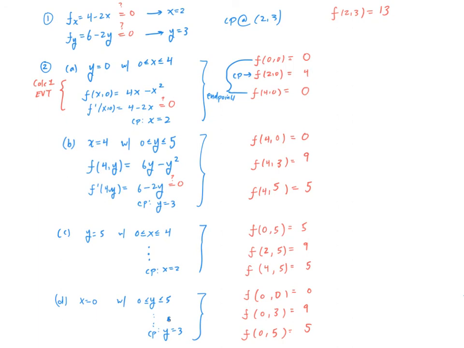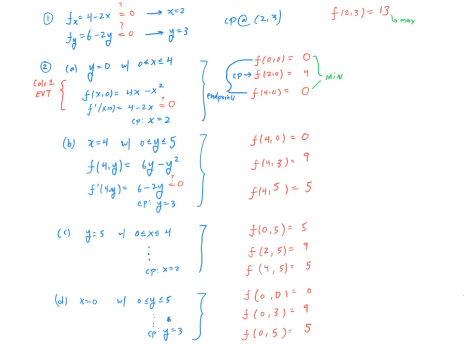Now remember, the absolute smallest number we see in this list would correspond to an absolute minimum, and the absolute largest that we see would correspond to an absolute maximum. So note the minimum occurs at two possible inputs, (0, 0) and (4, 0). And the maximum occurs at the critical point, (2, 3), that lies inside the region.